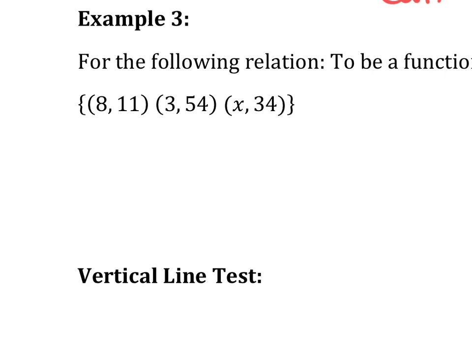Remember, to not be a function, that means our x values are repeating and it has a different y. So if our x values are 8 and 3, if this x equaled 8 or 3, that would cause us an issue.